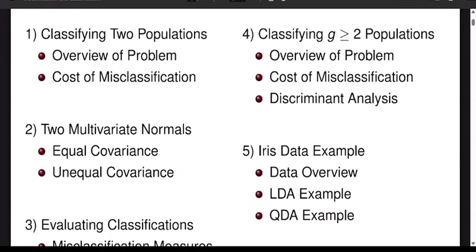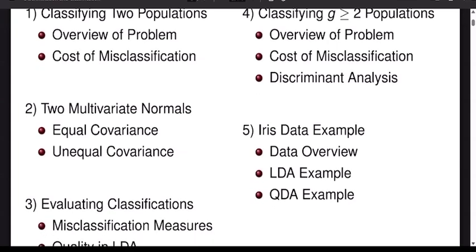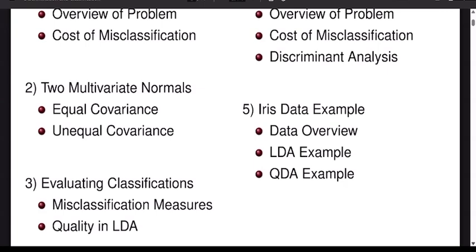Then from there, I'm going to talk about two multivariate normal populations, because we believe that if we want to do classification, a particular class follows a particular distribution. So I'm going to walk you through when equal covariance structure is assumed for the groups, and when unequal covariance is assumed.